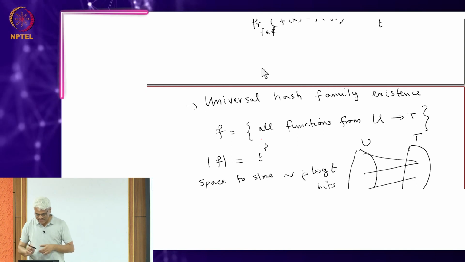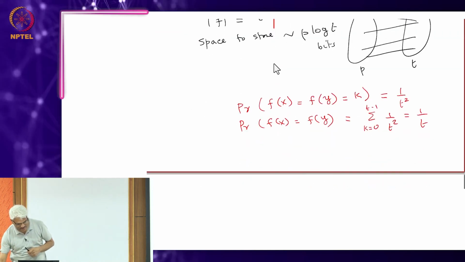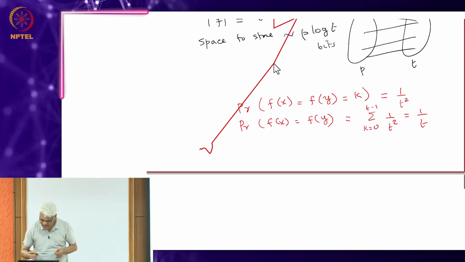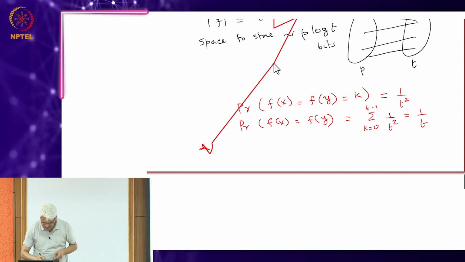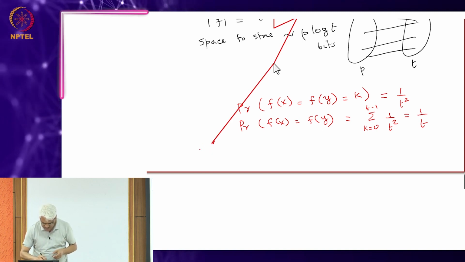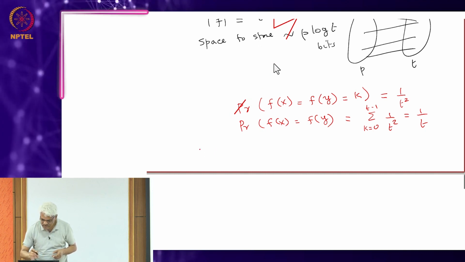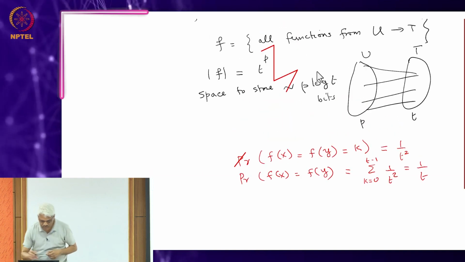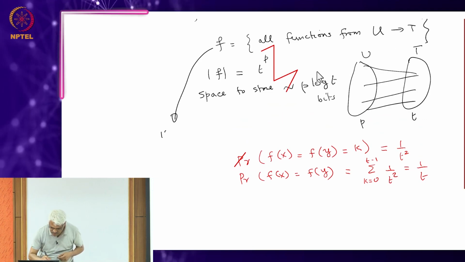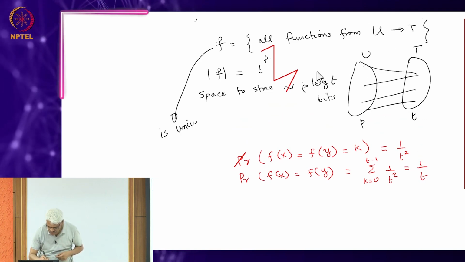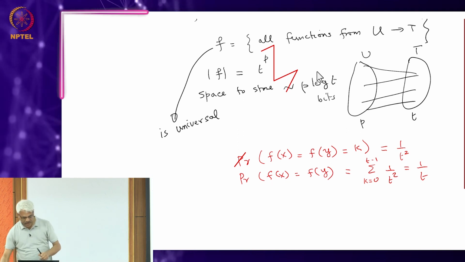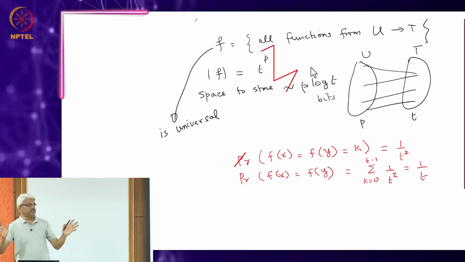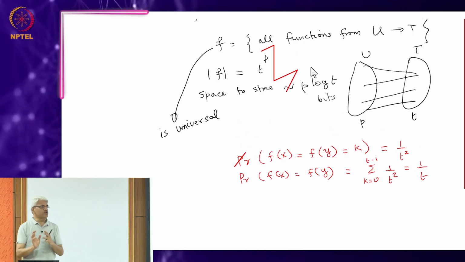Because I said this is universal, this family is universal because it has this property, whatever I have written down in red. The only thing is it is too large a family, so it takes too much space to store it.